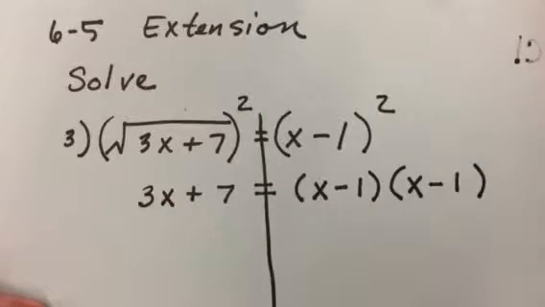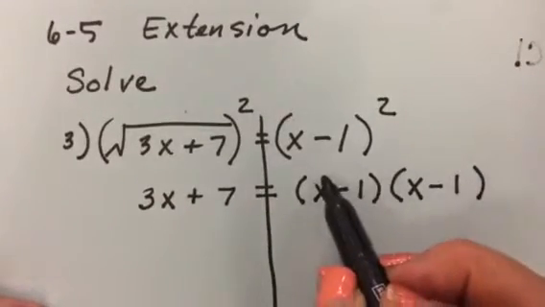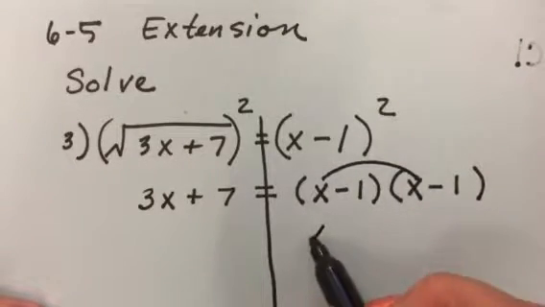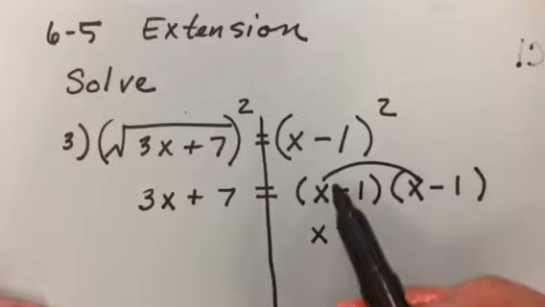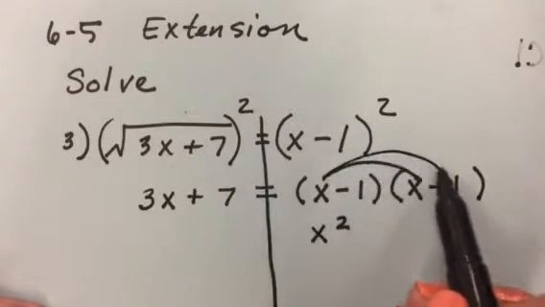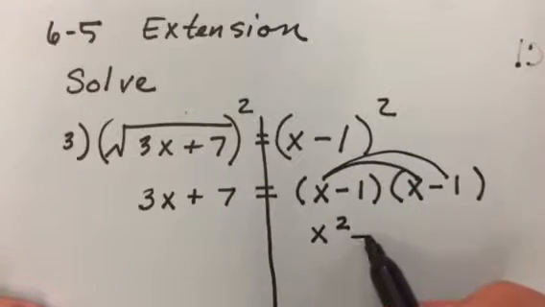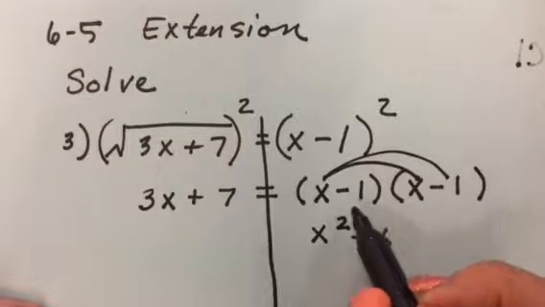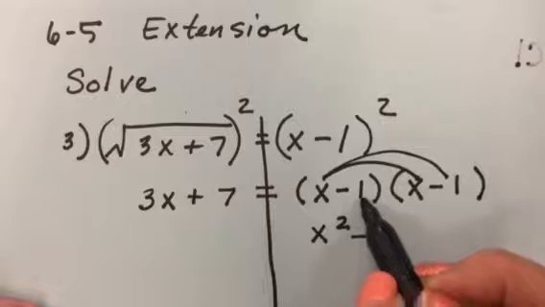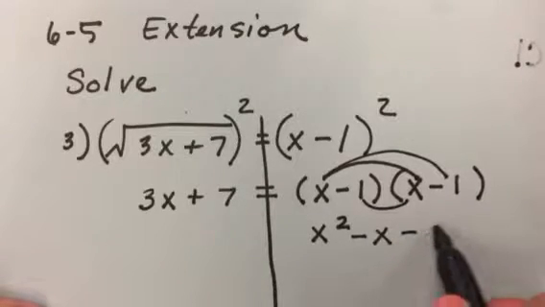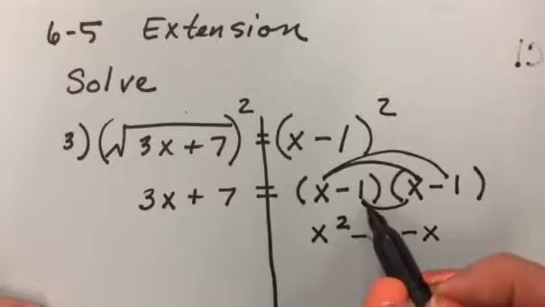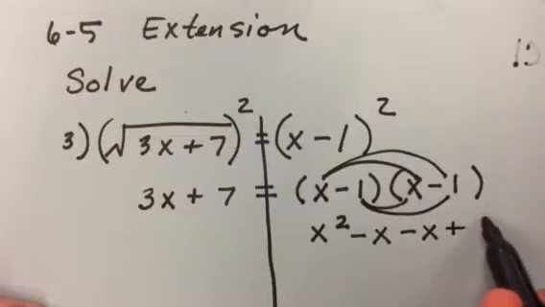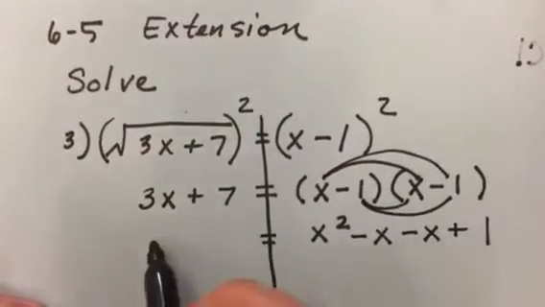First, I take the x and multiply it by the other x, and I get an x squared. Then I take my x and multiply it by my negative 1, and I get a negative 1x. Now I take the term negative 1 multiplied by x, and I get a negative x. And then I take the negative 1 and multiply it by the negative 1, which gives me a positive 1.